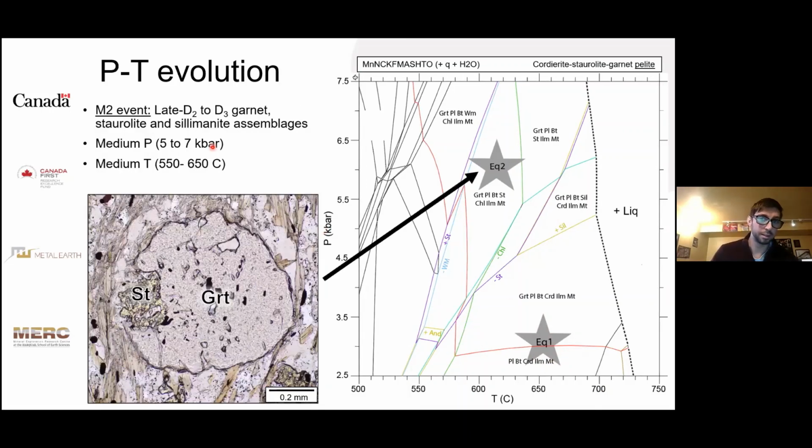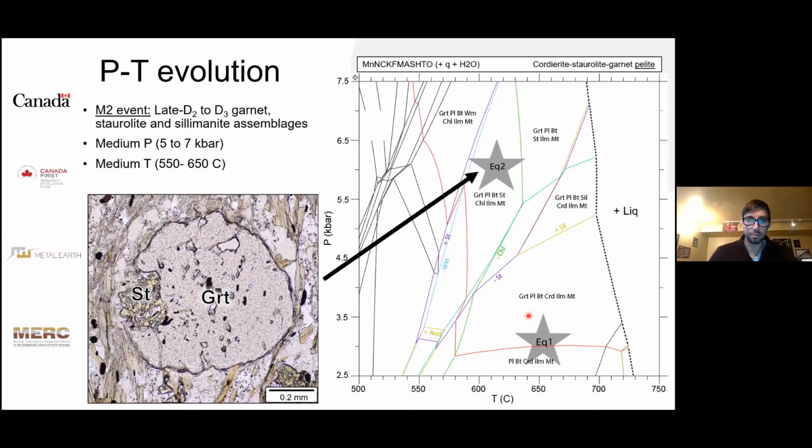And then the second event is late D2 to D3. That's where we see the garnet-staurolite assemblages, going into sillimanite at higher temperatures, and this is broadly constrained to 5 to 7 kilobars and 550 to 650 degrees C.